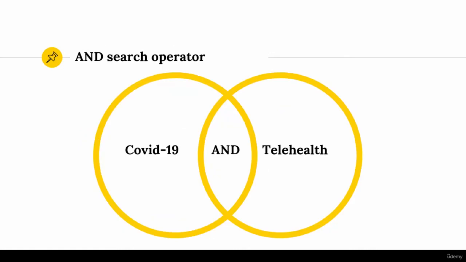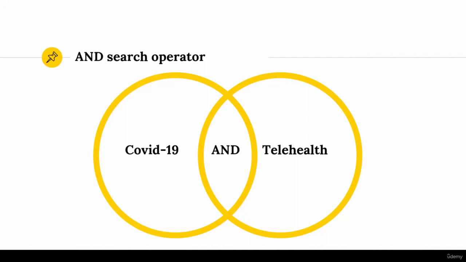So the Boolean operator and is used to join words or phrases when you want both or all of the search terms to be included in your results. So in the example here, we see we are interested in COVID-19 and telehealth. So by adding and, we are telling the database that we're only interested in results that mention both of these terms.